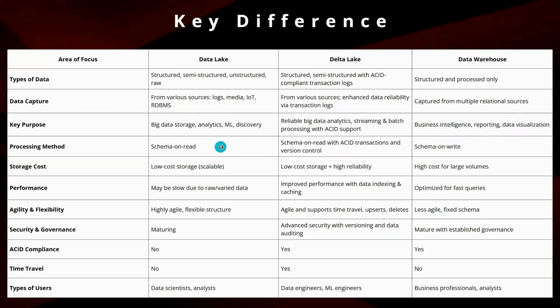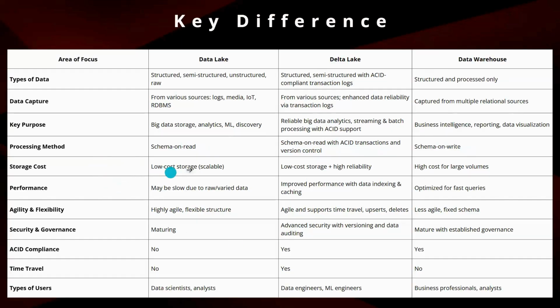Okay, how is schema defined? In data lake, it is schema on read. In Delta Lake, schema on read with ACID transactions and version control. And in data warehouse, it's schema on write.